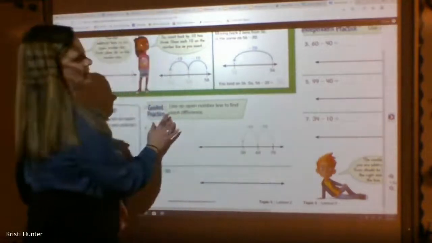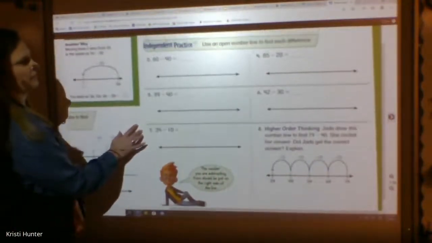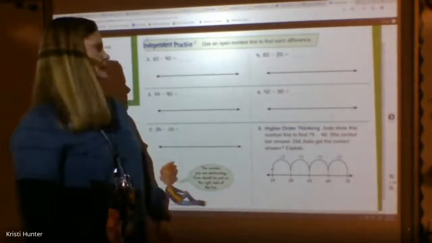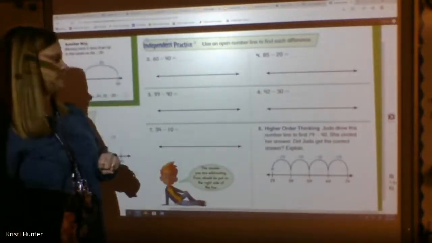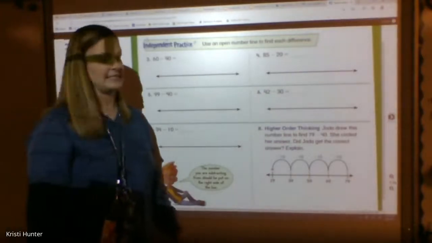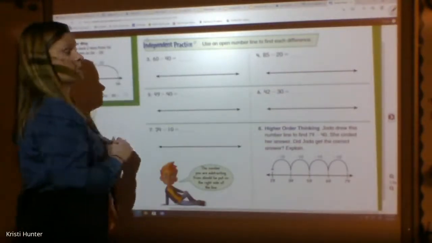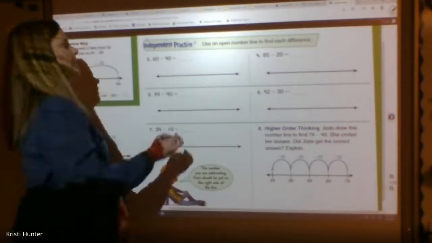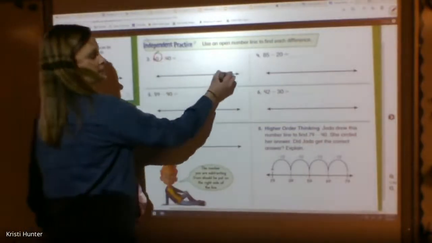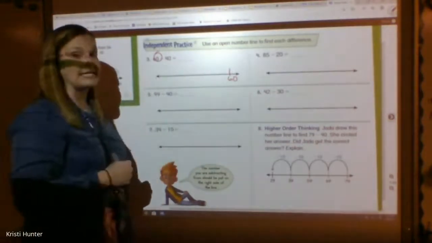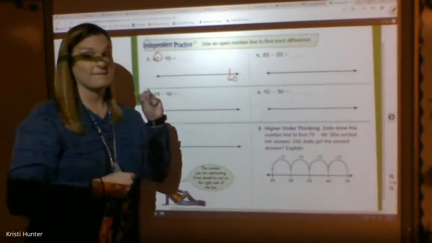All right, so let's find number 3. Work out a few more problems here. Again, it says use an open number line to find the difference. So we're going to continue to use that open number line as we work several more of these out. So our problem says 60 minus 40. So what's my big number? Right, 60. So I'm going to start at 60, and I need to go back 40. How many tens are in 40? 4.